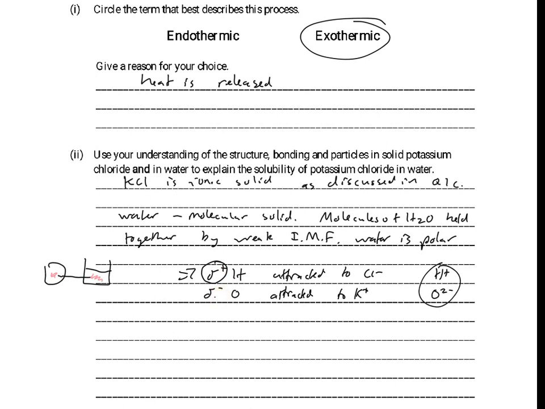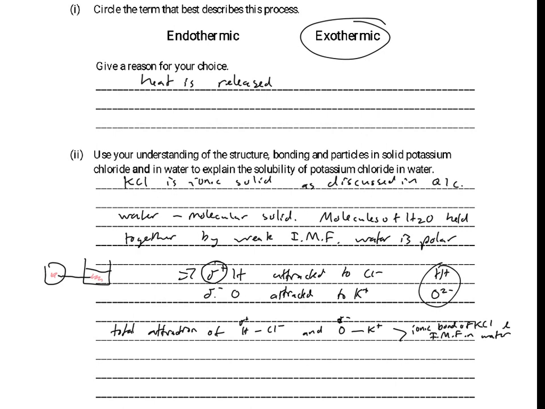Okay, so we've got these attractions going on, and what happens is the total attraction of the H to the Cl minus and the oxygen to the K plus is greater than the ionic bond in the potassium chloride and the intermolecular forces in water.